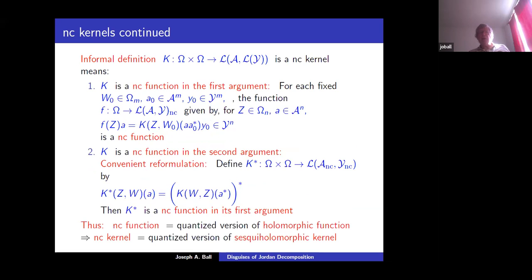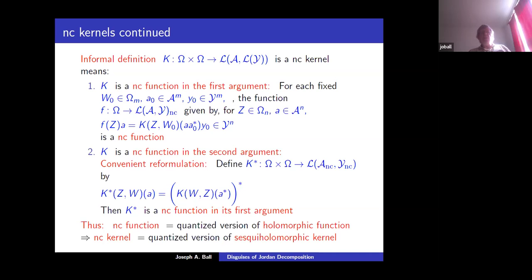Such kernels form a vector lattice, and their positivity condition can be written in other ways. And there's a characterization in terms of Kolmogorov decomposition, which we saw for BBLS kernels.